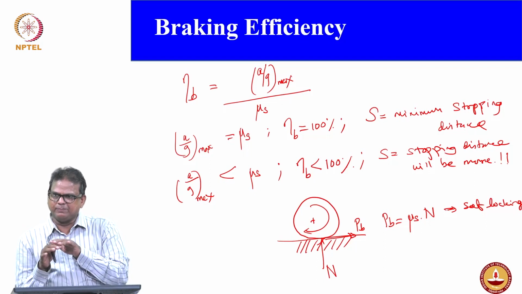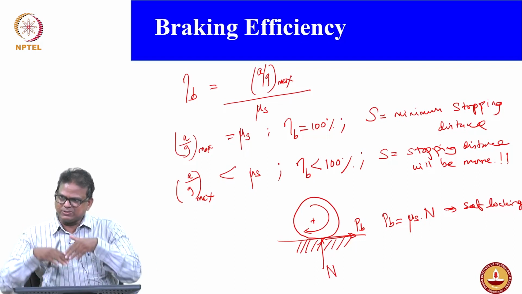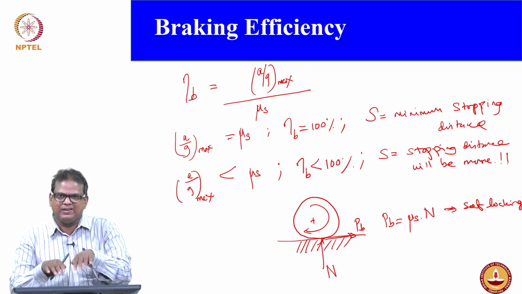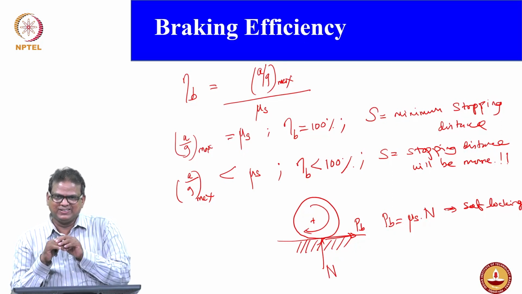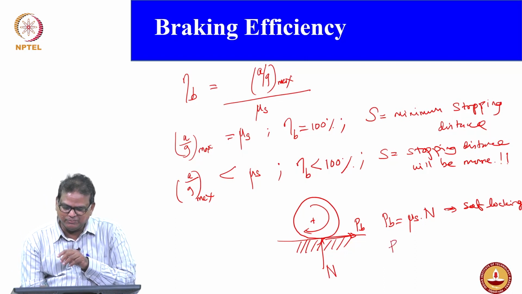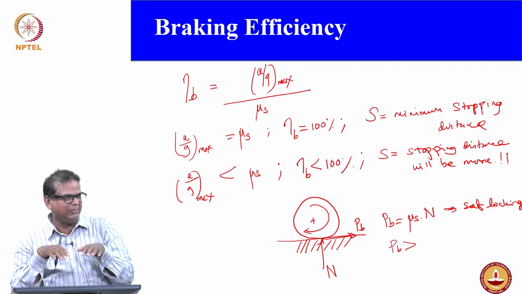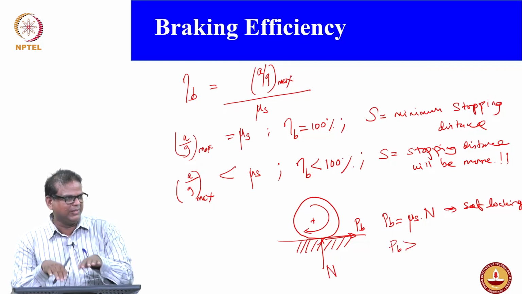What happens further? It should drag; it should start to skid or slide. When do you expect sliding or skidding? The braking force should be more. Then only the skidding or sliding can be achieved.